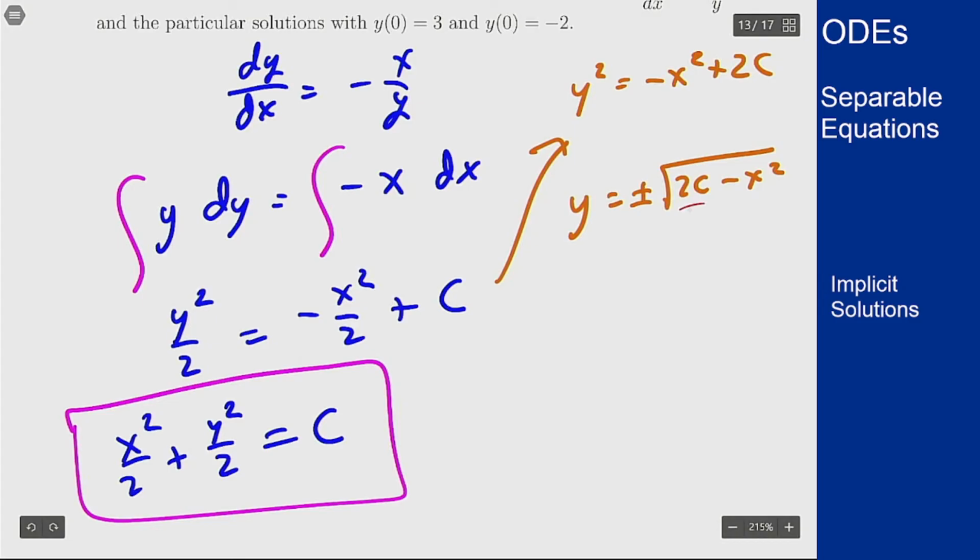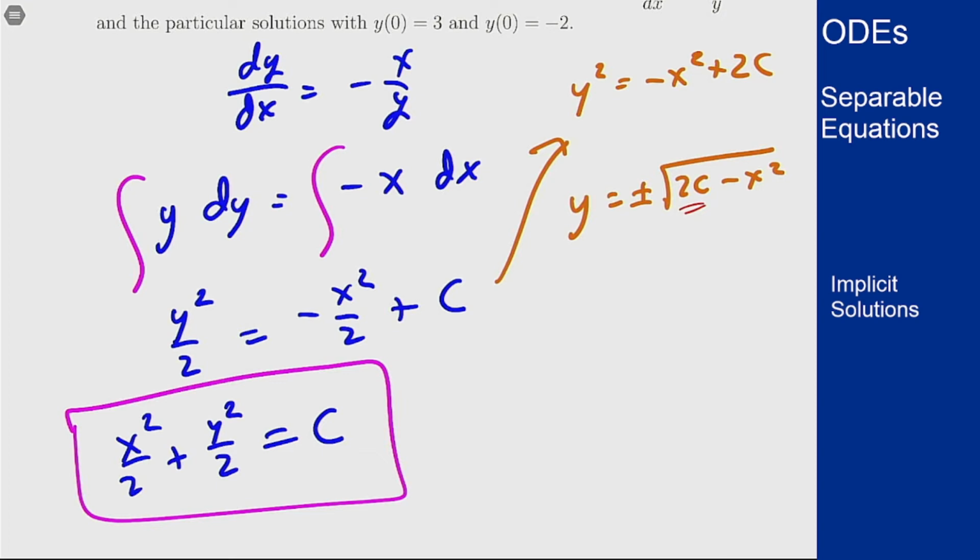I can absorb this to be just a c, but it's fine right now. What's the issue here? The issue is this plus minus. With just what I have here, I don't know if I want the plus or the minus sign. Right now, this is not a function. It has a plus minus, so it has two outputs for every input, one with the plus, one with the minus, therefore it is not a function.